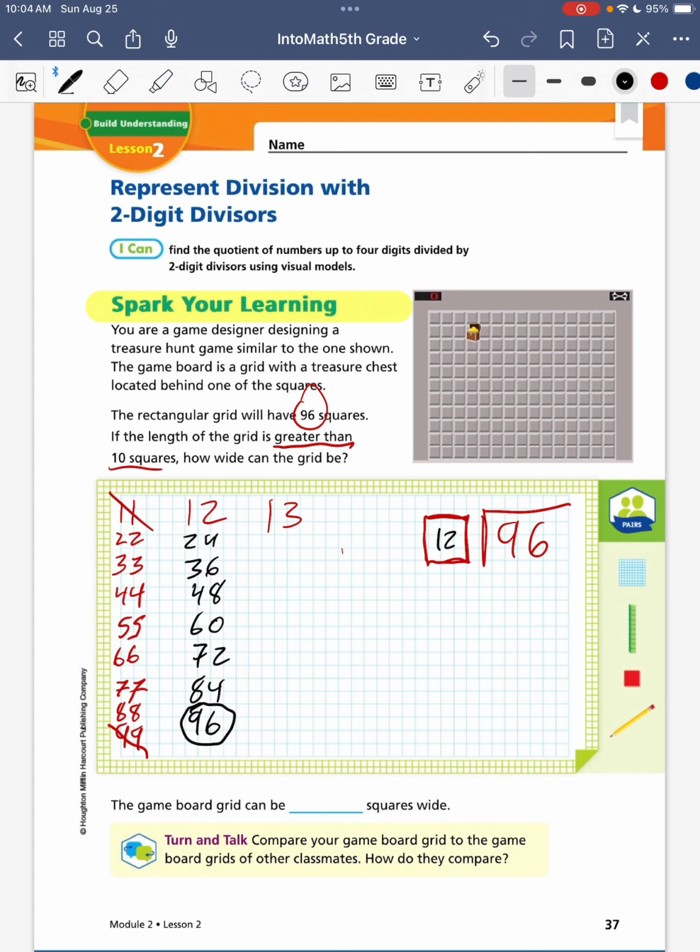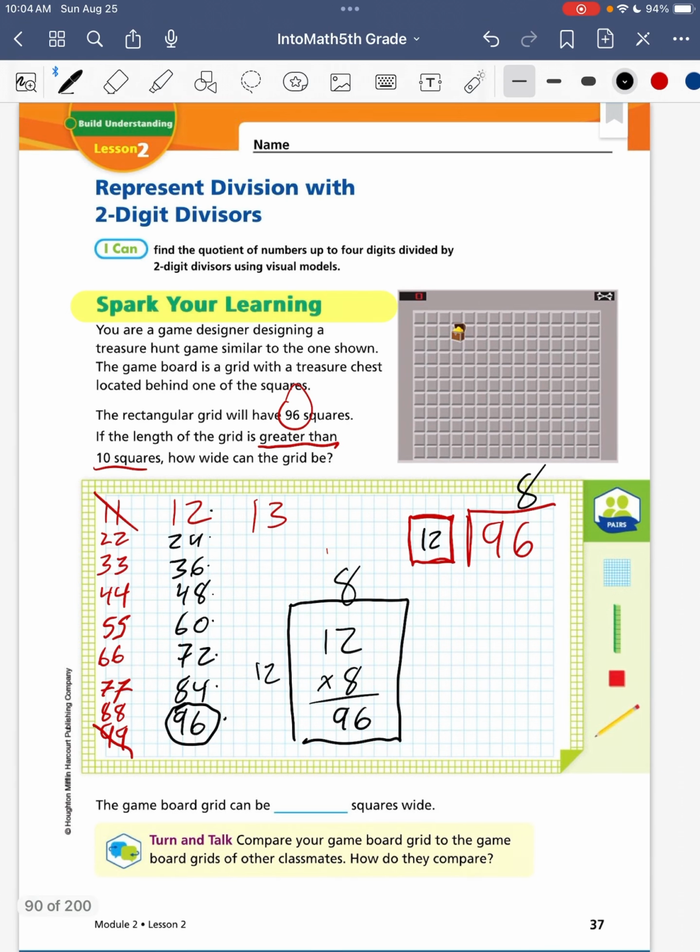So our rectangle is going to be 12 wide, and I know that 96 is the first, second, third, fourth, fifth, sixth, seventh, eighth multiple of 12. So our grid will be 12 by 8, because 12 times 8 equals 96. The game board can be 8 squares wide.